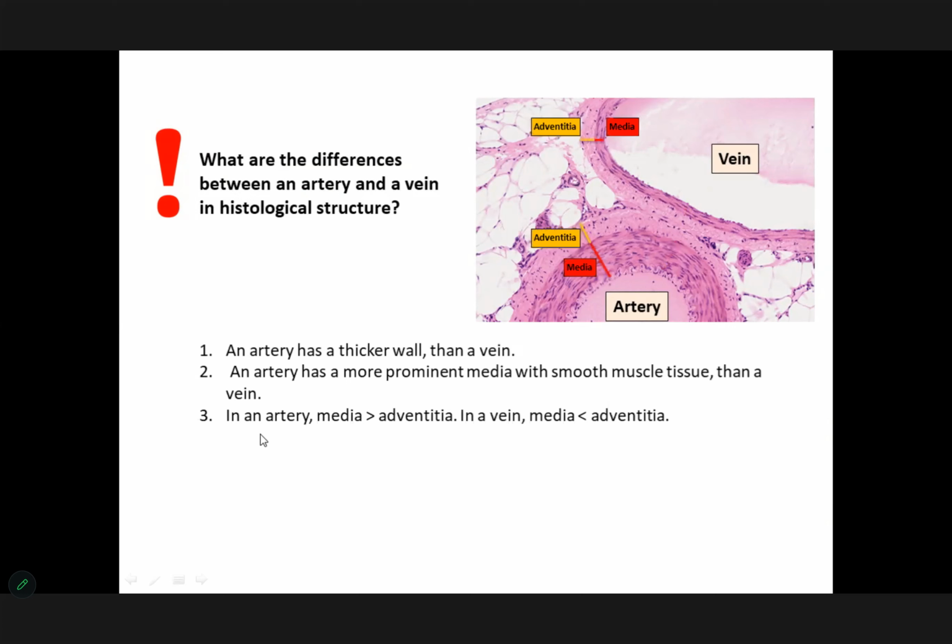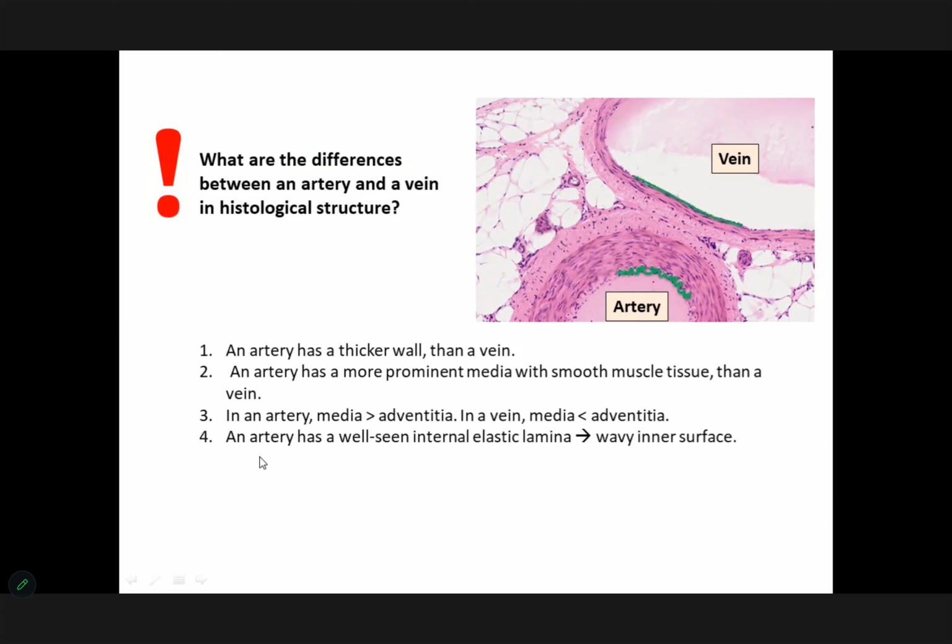Number 3, in artery, media is thicker than adventitia, and in vein, vice versa, media is thinner than adventitia. Compare thickness of media and of adventitia.